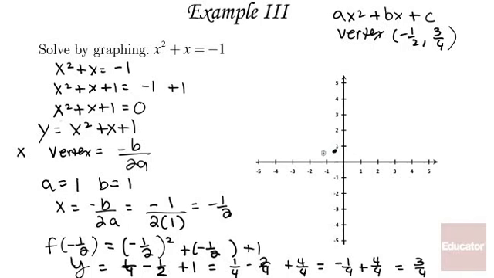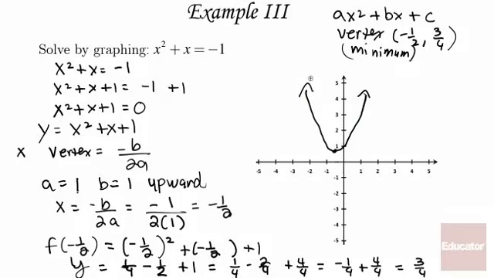Whenever I have a vertex, I always stop and think, is this a maximum or a minimum? And recall that I said that since a equals 1, this opens upward. What I have here is a minimum. So this vertex is a minimum value. It's the minimum value of y. Therefore, this graph is going to curve upward as such, and it is never going to intersect the x-axis.